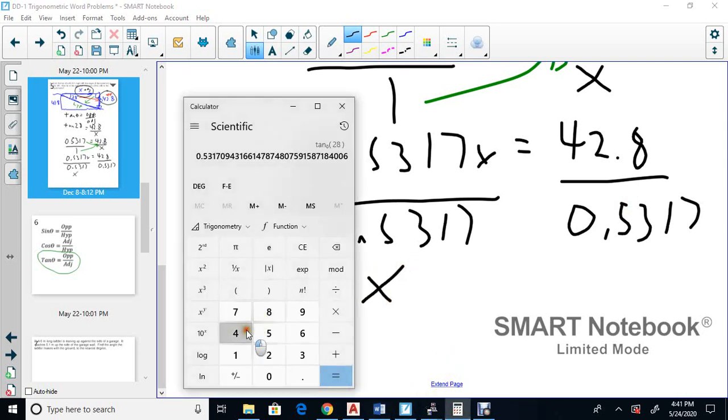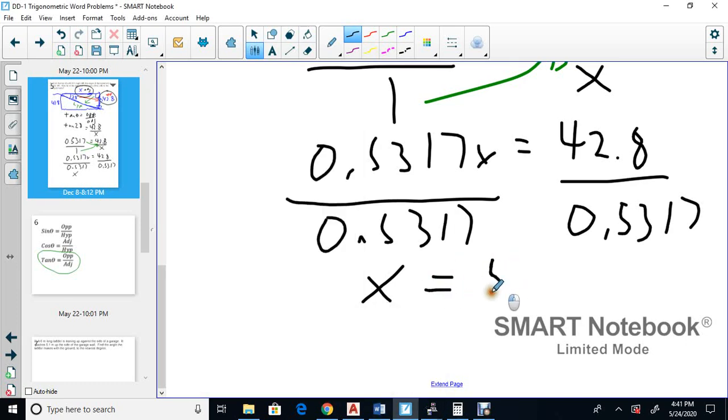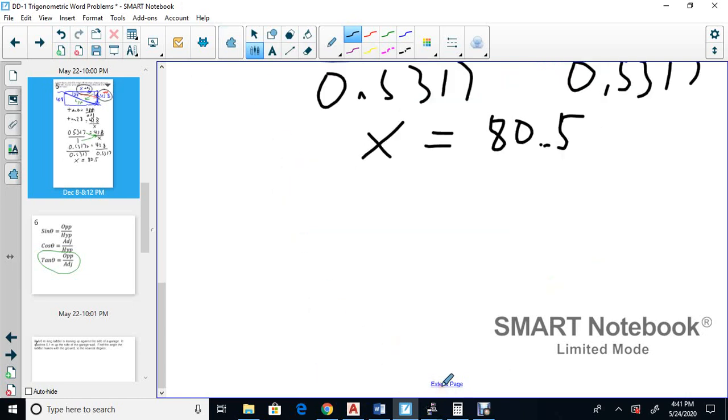We go to our calculator. So you get 42.8 divided by 0.5317, and you get 80.5 rounded. So X is 80.5. Now we go to the therefore statement. And this was the boat away from the base of the cliff.